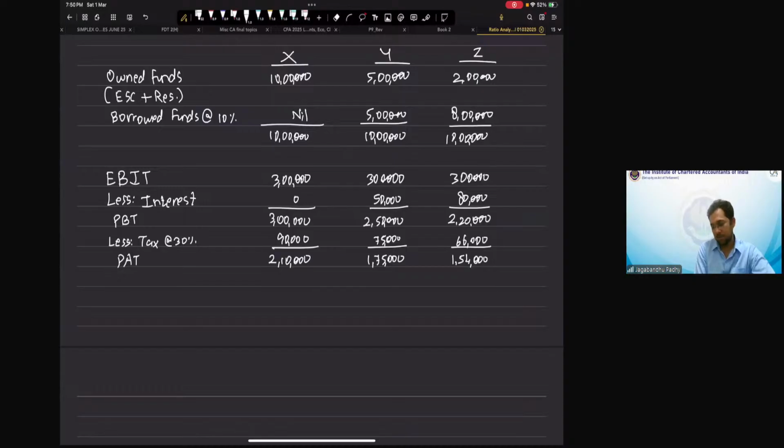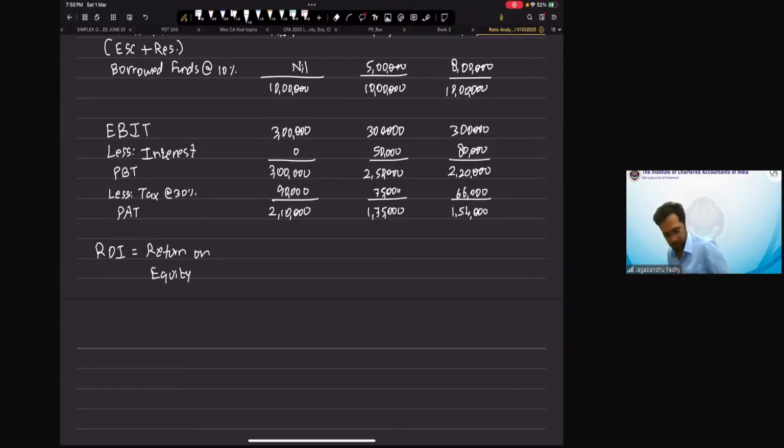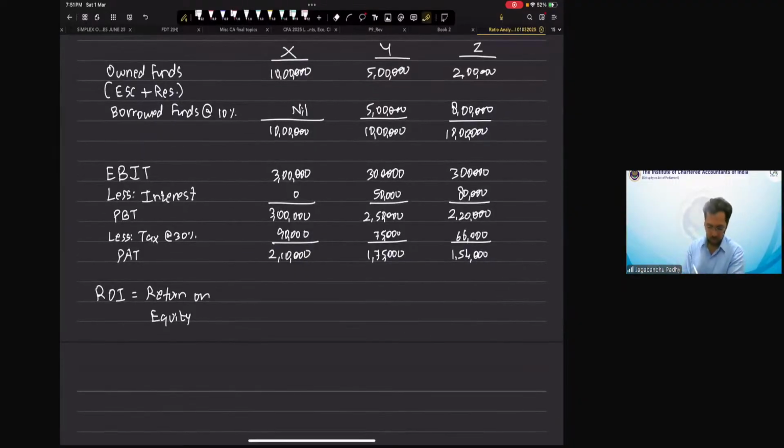But just think, we are earning 2 lakh 10,000 on equity shareholders' investment of 10 lakh. So if I ask you for the return on investment, or return on equity, what will it be?